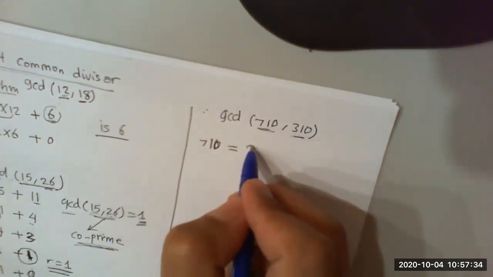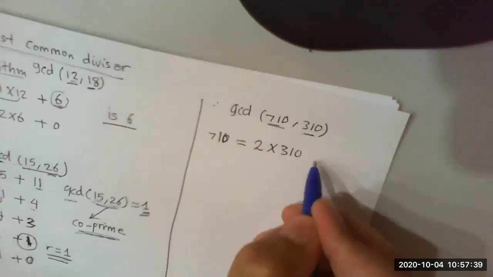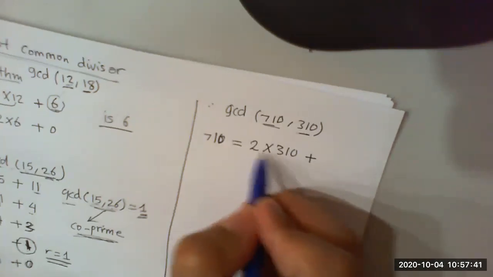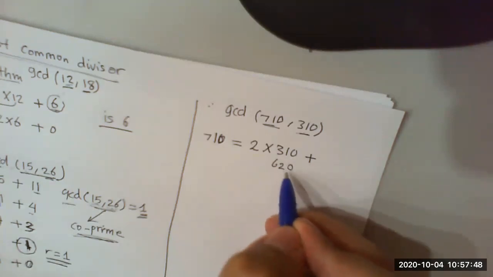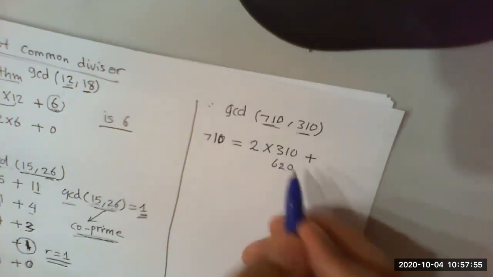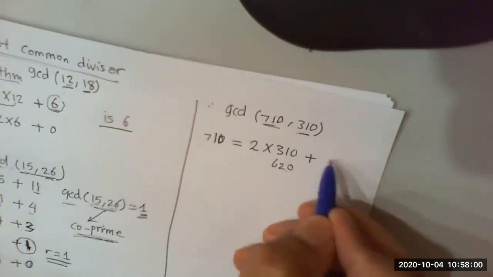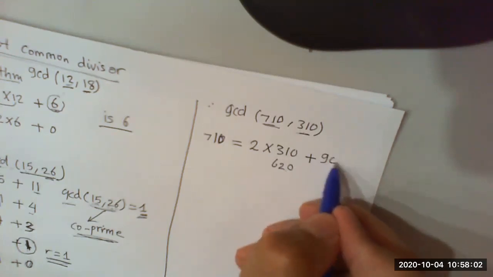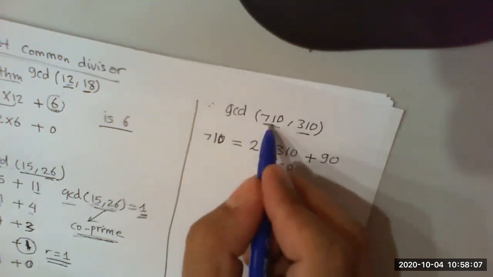So the only way is 2 multiplied by 310, plus... if I multiply 2 by 310, I get 620, right? 620 out of 710 is going to plus 90. If you add 620 plus 90, you have 710, okay?